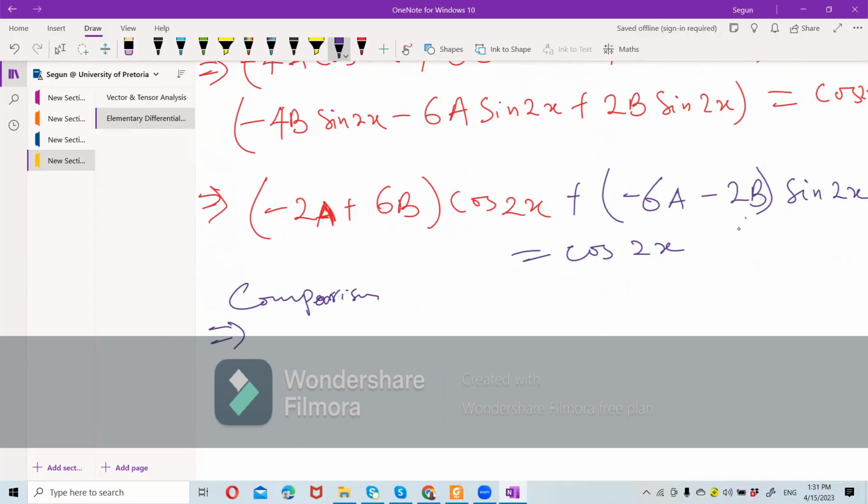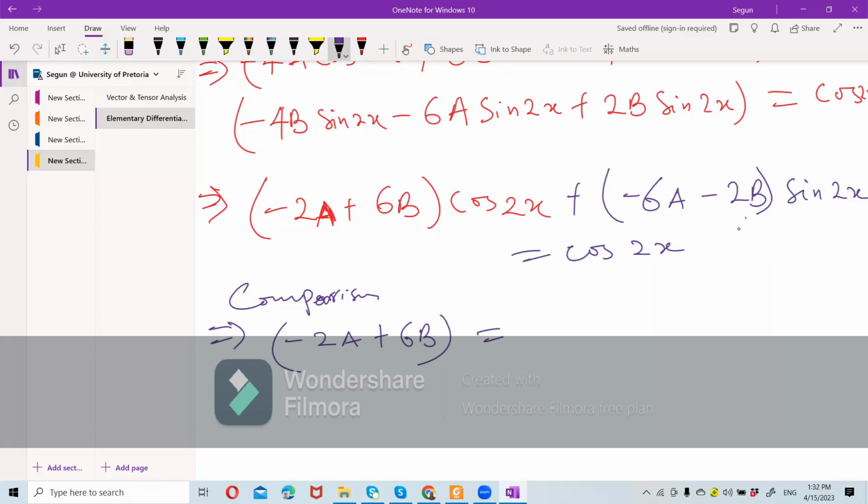The comparison now will be minus 2a plus 6b equals what? Remember, I didn't put cos 2x on the other side. It equals 1. Do you agree with me? Yes, sir. Some people are not agreeing at all. They don't even know what you are doing.